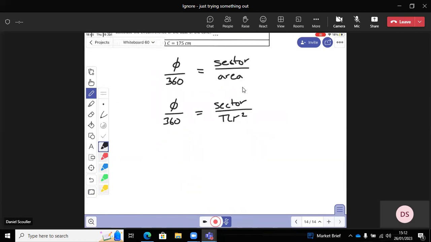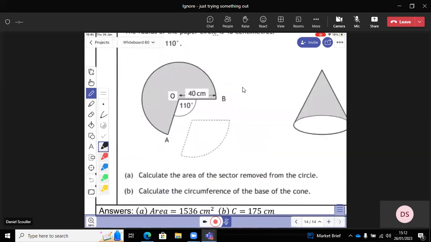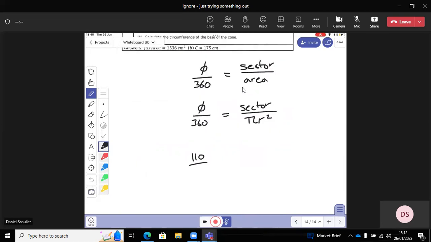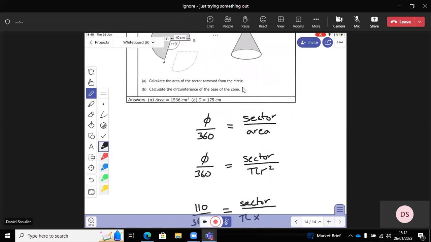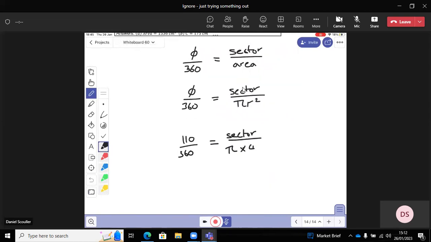Case of putting in our information, so 110 is the angle we're given. 360, it's a full circle. Sector is our unknown, and pi r squared, r is 40. Just remember to square that.